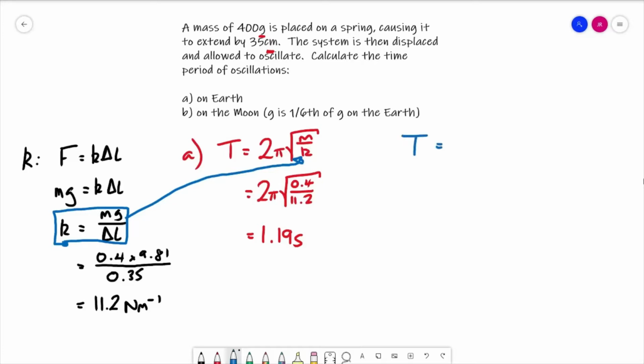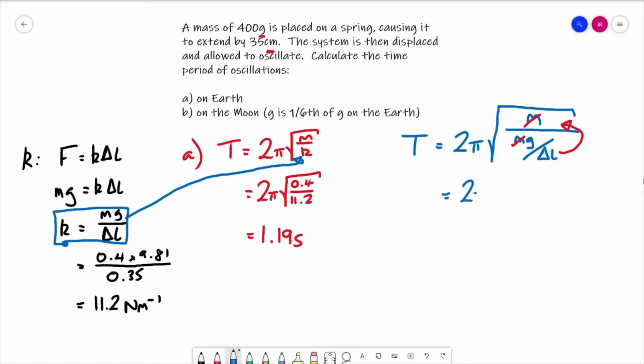So we end up with T is equal to 2 pi root, I'm going to make this a little bit bigger because we're going to have a few things in there. There's your original m, then divided by mg over delta L. Now at that point we can see that the masses cancel out, and because we've got divided by, this delta L will end up on the top.